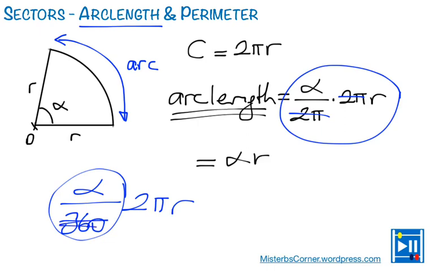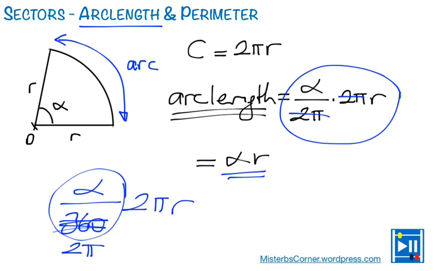Changing 360 to 2 pi makes it radian measure. The 2 pi's cancel out and we end up with the angle measure in radians multiplied by the radius to find the arc length, right? But if you'd like, you can just learn this as a formula and use it.